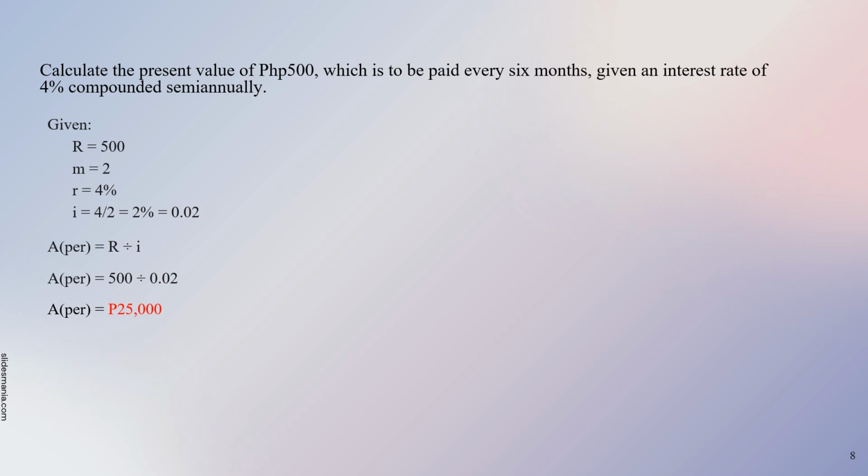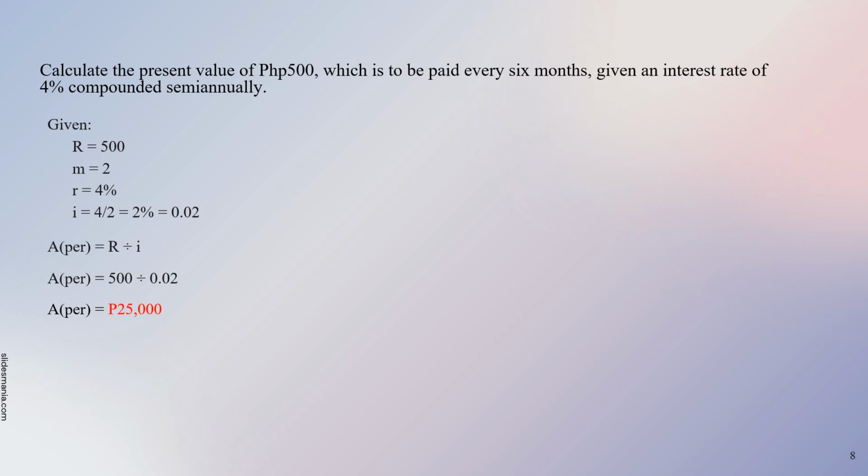So let's take this one as an example. Calculate the present value of 500 pesos, which is to be paid every 6 months, given an interest rate of 4% compounded semi-annually. For our given, we have R equals 500, M equals 2, rate is 4%, I, which is R divided by M, so we have 4 divided by 2, that's 2%, converted into decimal, that's 0.02.